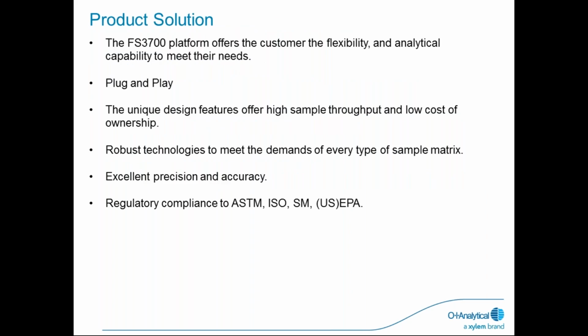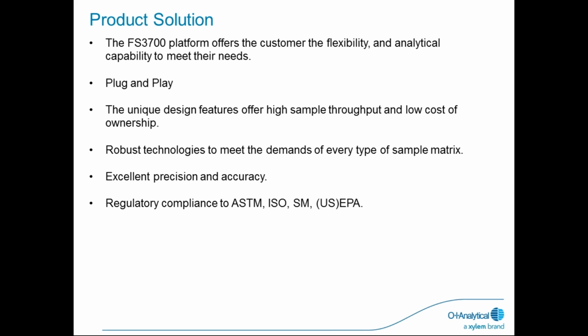So the model FS3700 platform offers the chemist the flexibility and analytical capability to meet their needs. It's truly plug and play. Has unique design features that offer high sample throughput and low cost of ownership. We have robust technologies to meet the demands of every type of sample matrix.